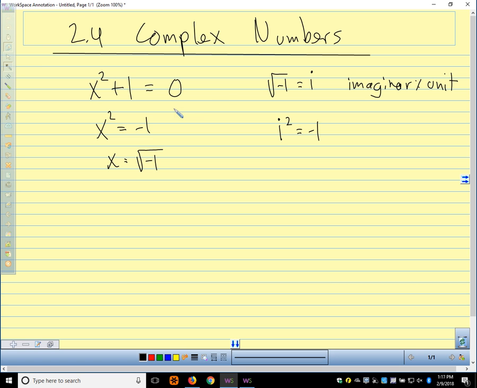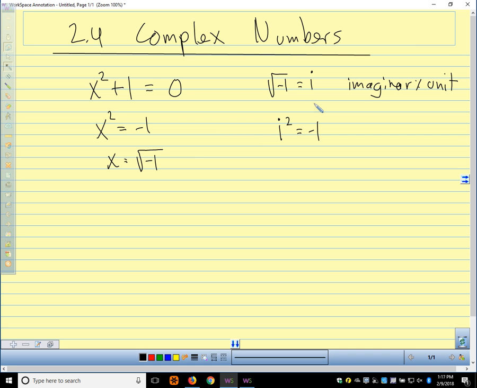So mathematicians said, if we're getting a real result, that square root of a negative must be something we can work with. That's where the idea of the square root of -1 equals i comes from. It comes from solving cubic equations.